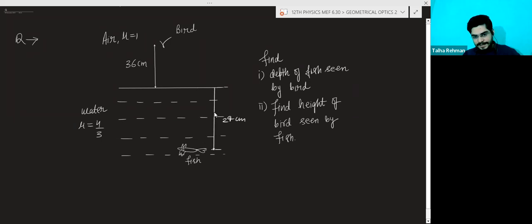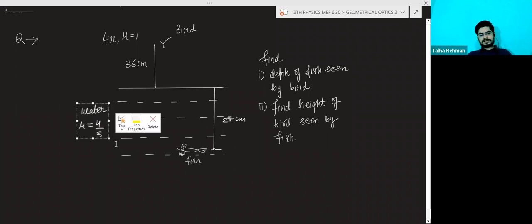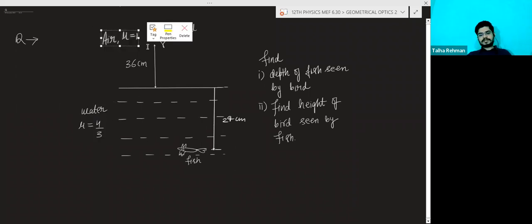The fish is at a distance of 24 centimeter from this interface, meaning this is the real depth of the fish. And this bird is at a distance of 36 centimeter from the interface. Water refractive index is given, air refractive index is given. We have to find the depth of the fish seen by the bird.